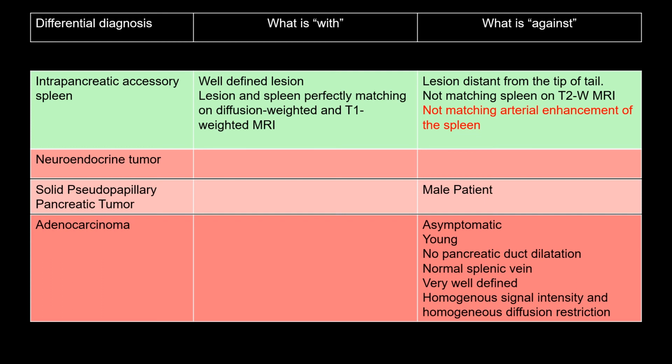But the intrapancreatic accessory spleen will show uptake also, because the normal spleen will show uptake of the dotatate. In this case, we will remain with the same management dilemma, to operate or not to operate, and no honest surgeon would go inside and remove an intrapancreatic accessory spleen.